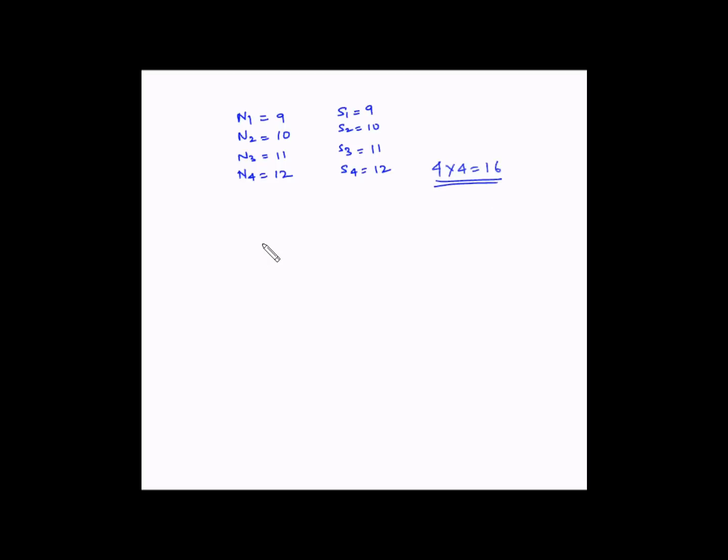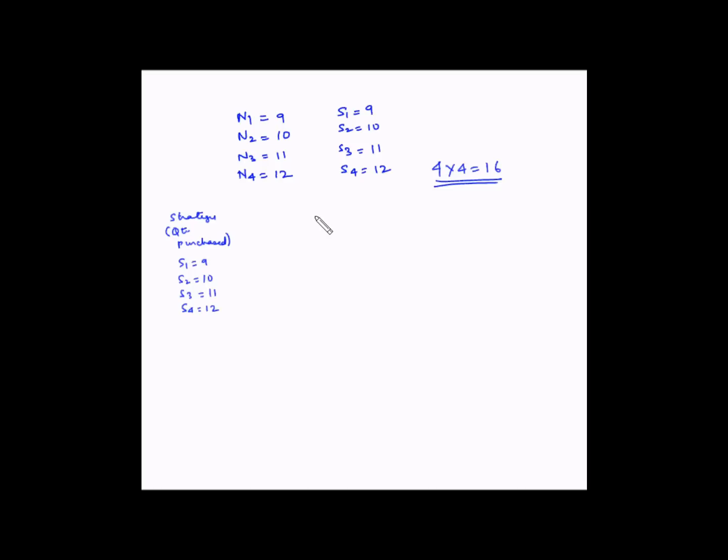So let us build the structure of the payoff matrix. So we have strategy, that is quantity purchased, which is S1 equals to 9, S2 equals to 10, S3 equals to 11, and S4 equals to 12.